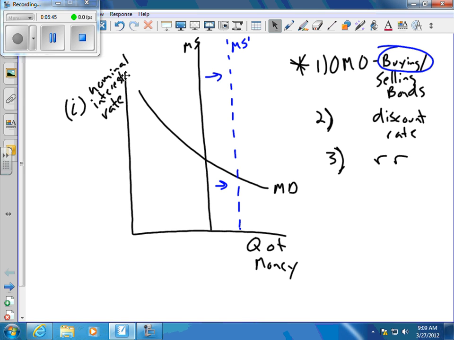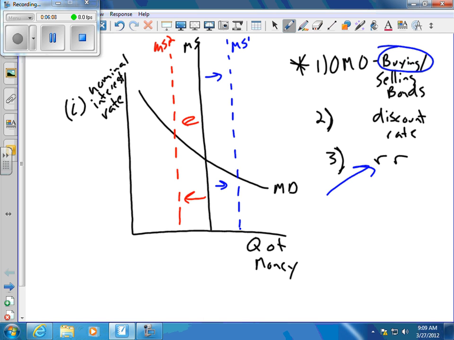So in those scenarios, the money supply can move even if the central bank is not directly involved, because the central bank has set up this reserve ratio, which in our fractional reserve banking system allows the money supply to be increased or decreased. Now, if you look at the red one up here, this is the decrease in money supply. It's going to go to the left.